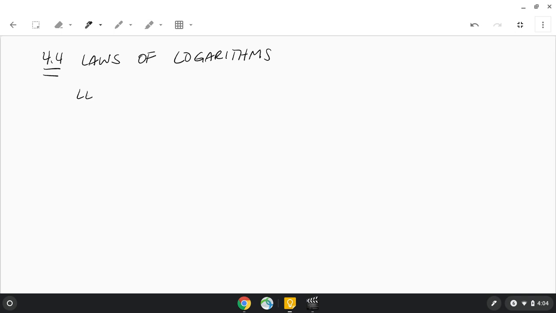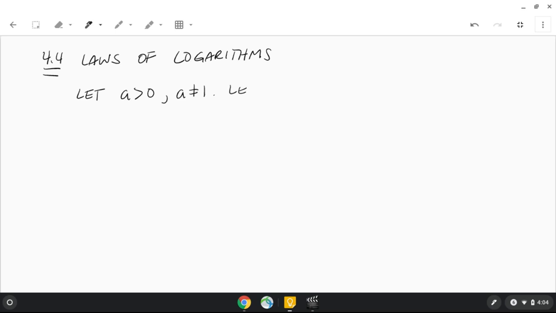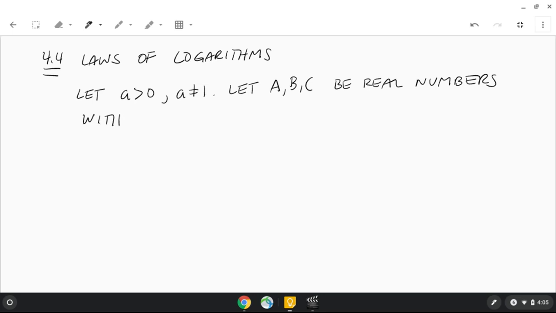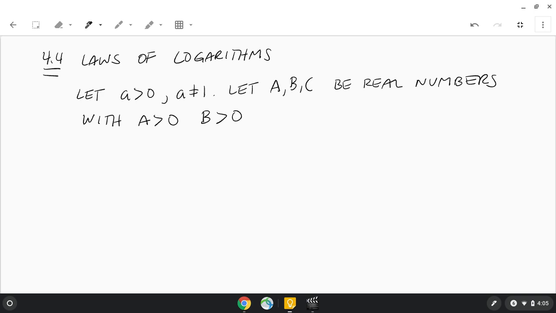Okay, so we're going to let a be greater than 0, a is not 1, and we're going to let a, b, and c be real numbers, with a being greater than 0 and b also greater than 0.